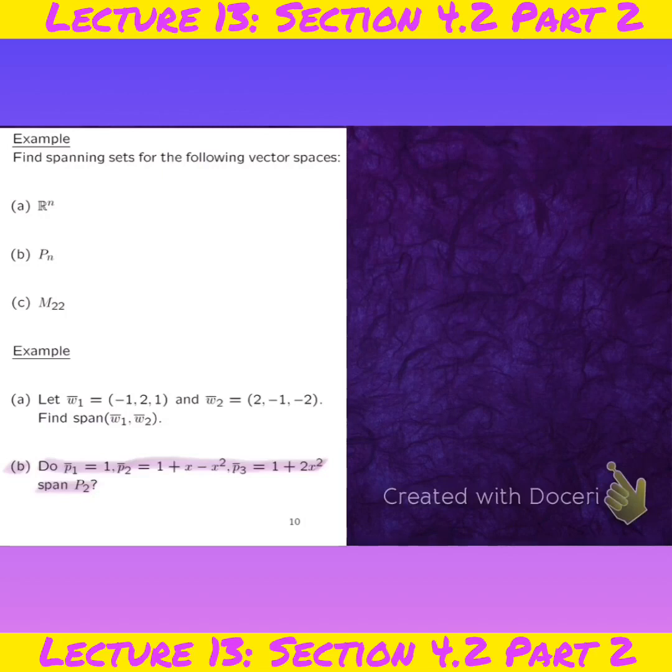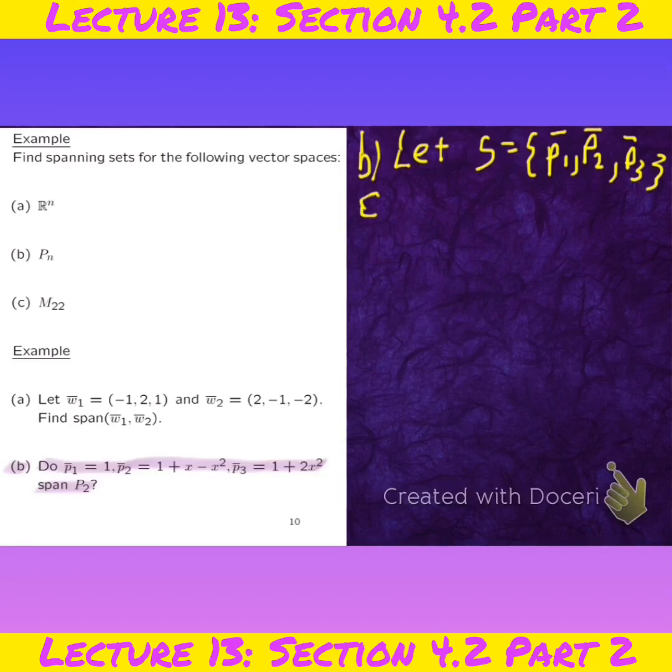All right, so what we're going to do with B is, let's call this set S, which is P1, P2, and P3. Okay, so let S be that set. Now, does S span P2?